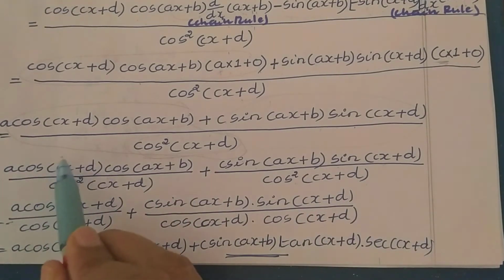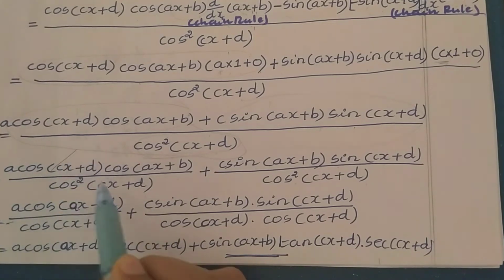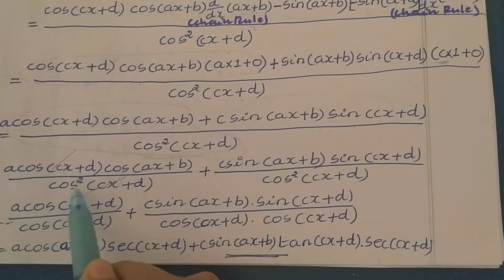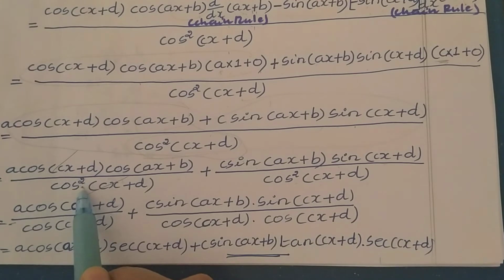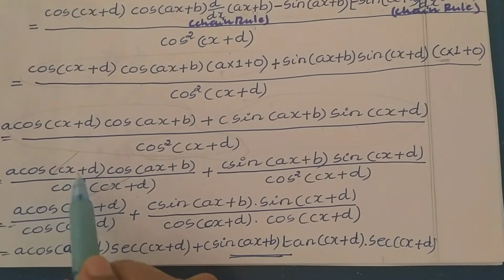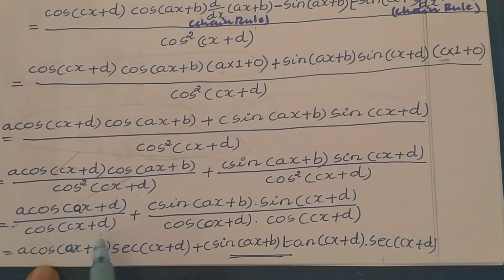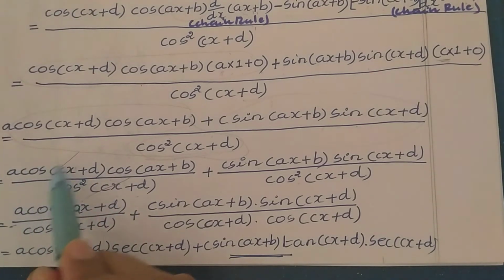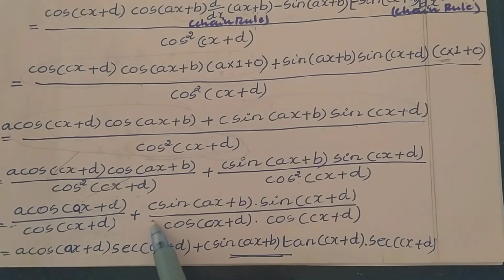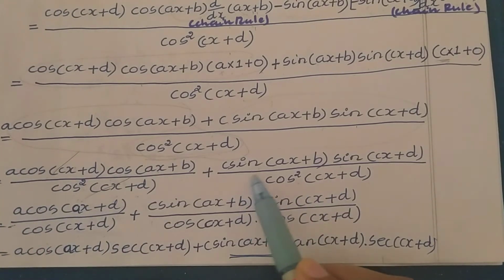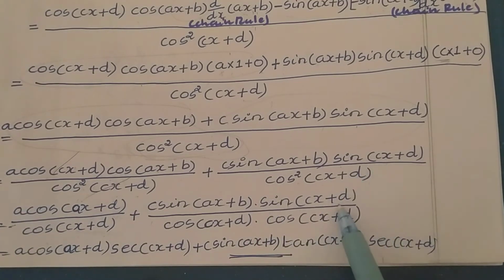Here we can cancel one cos(cx+d) from the denominator cos square (cx+d), so that the numerator value is cancelled and we have remaining just cos(cx+d). So a cos(ax+b) plus c sin(ax+b) into sin(cx+d).